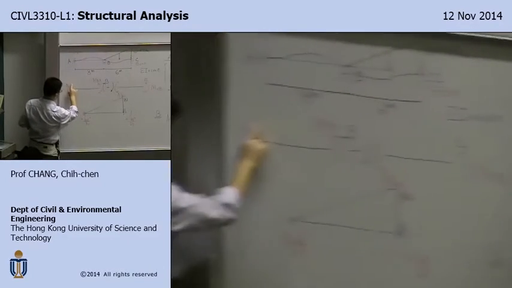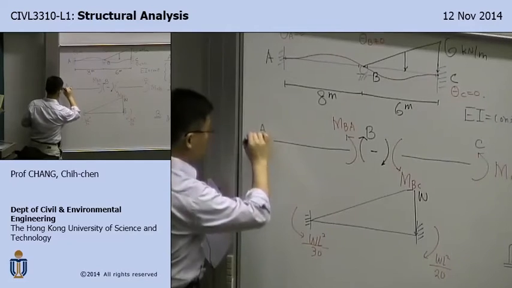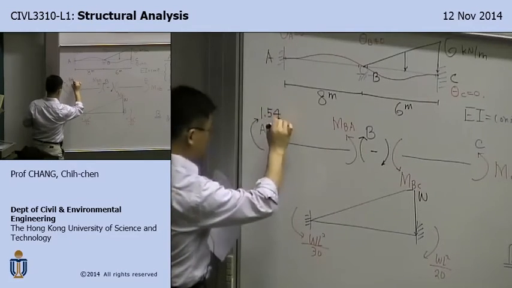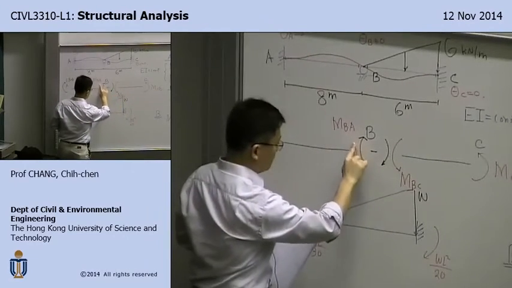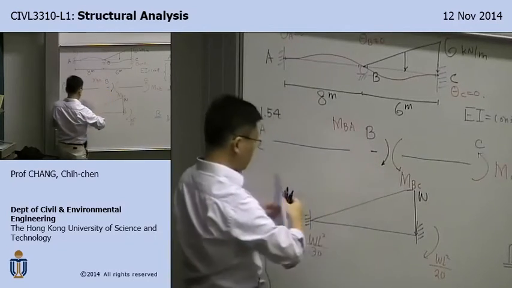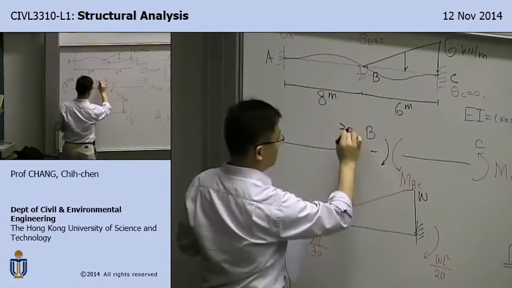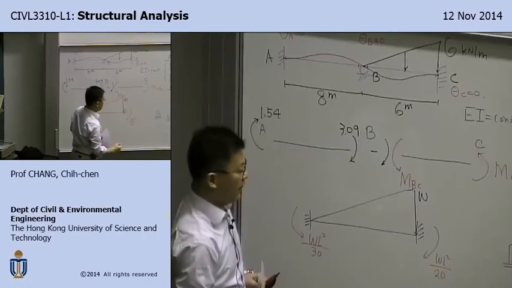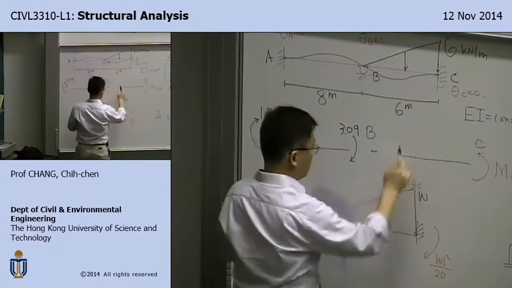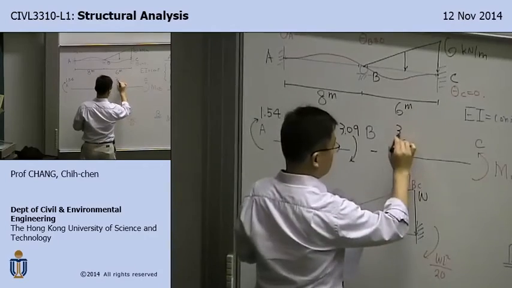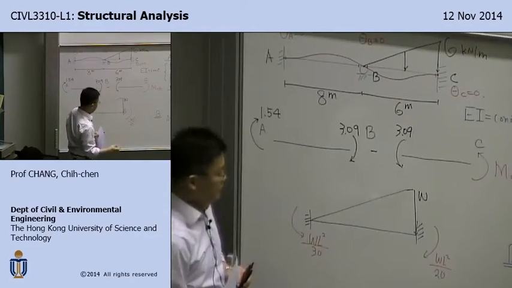MAB is minus 1.54. MBA minus, and MBC plus, MCB minus.